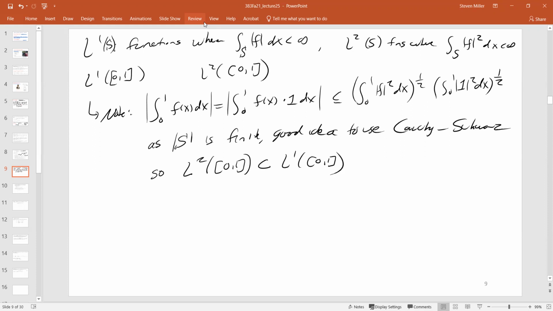Can you give me a function that is in L1 but not in L2? Okay, so you're going to give me something just on the border. Okay, thank you so much. So take f of x equals x to the negative 1/2.